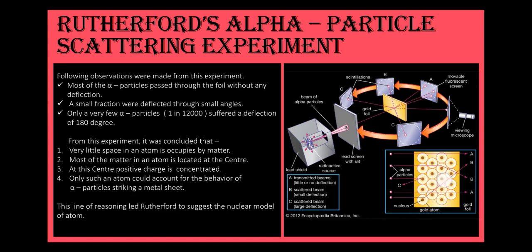Third, he observed that only a very few alpha particles, 1 in 12,000, suffered a deflection of 180 degrees. This large deflection is shown by the rays C. So these three are the observations from this experiment: some alpha particles pass straight, some are deflected a little bit, and some are deflected by 180 degrees.